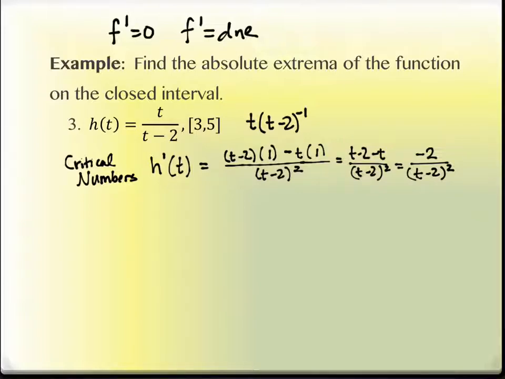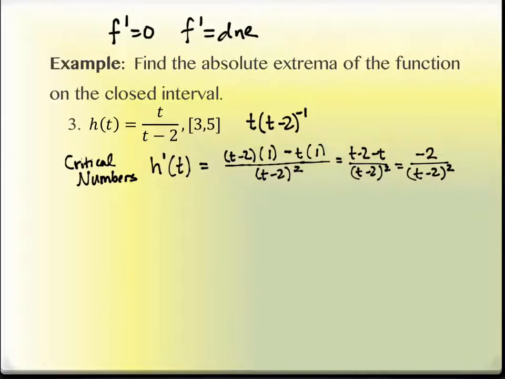So for critical numbers, I'm supposed to set this equal to 0, and I'm supposed to set this equal to does not exist. The reality is that this is going to equal 0 when the numerator equals 0. That's how you get a fraction to be 0: the top has to be 0, right? And it's going to be does not exist when the denominator equals 0, because dividing by 0 is an undefined operation.